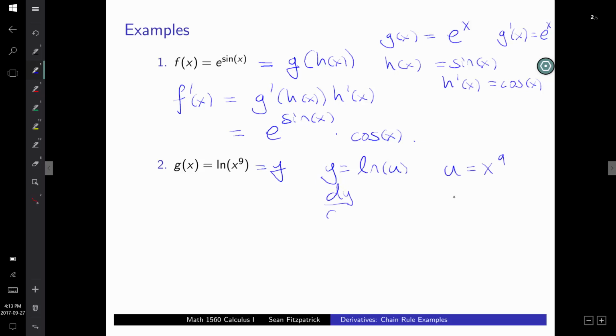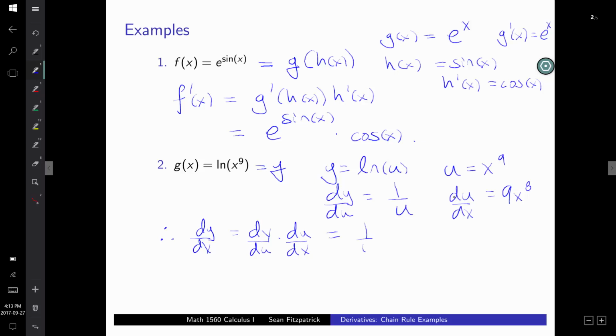So dy du, let's remember the derivative of the natural log is 1 over u, and du dx, I do power rule, I get 9x to the 8th. So that means that if I want dy dx, I should do dy du times du dx.